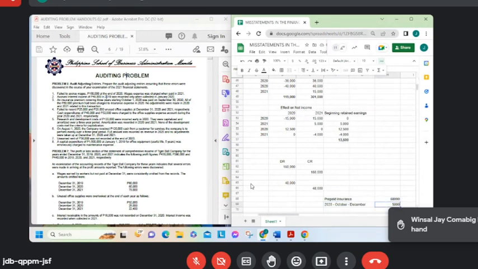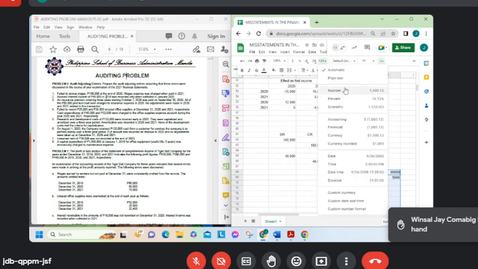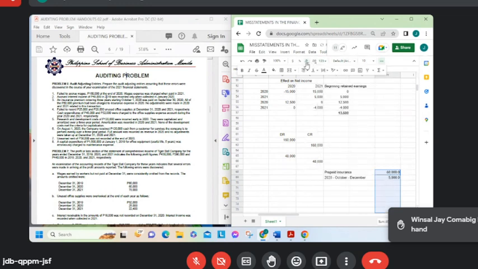So it means in 2020, the expense should only be 5,000 pesos. However, the entity charged, or expensed out, all the 60,000 pesos. So may 5,000 lang.